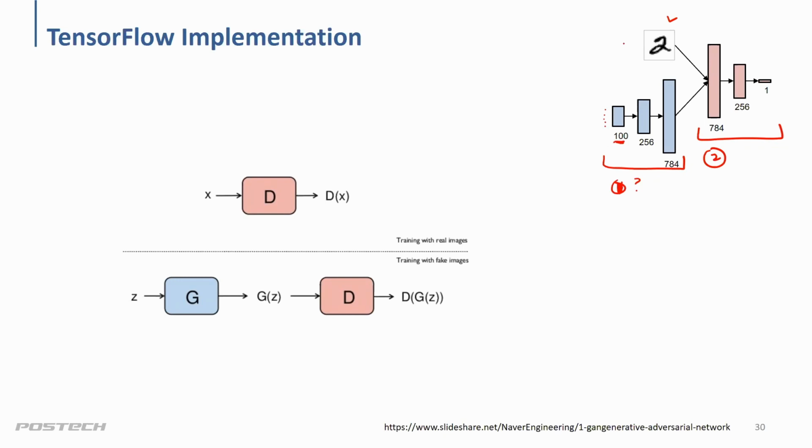And since we are going to use the MNIST data set, it's 28 by 28, so we flatten it out. So it's 784 neurons. This is what we are generating. And the second neural net can take the inputs from generated or real MNIST data. So it's a discriminator.